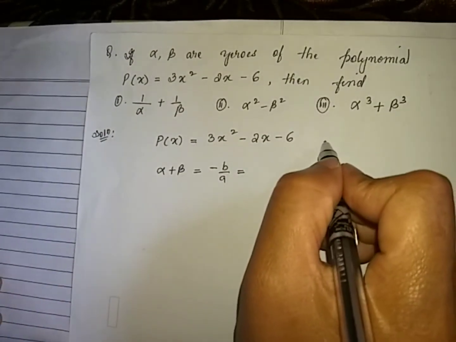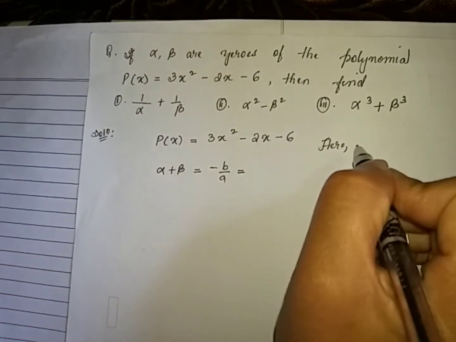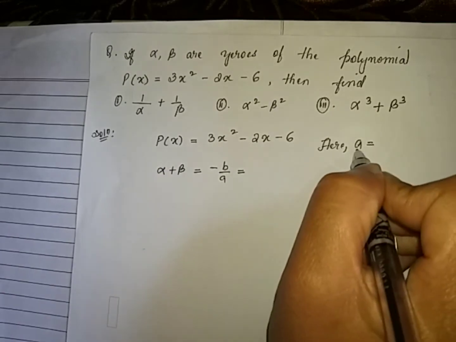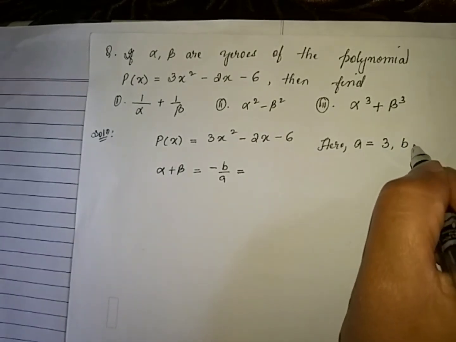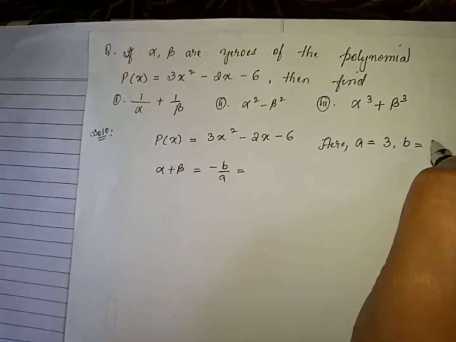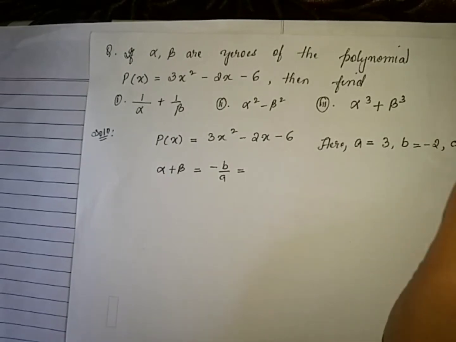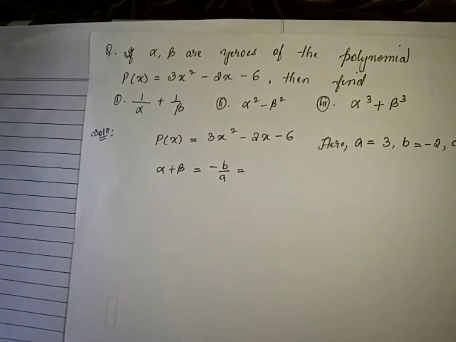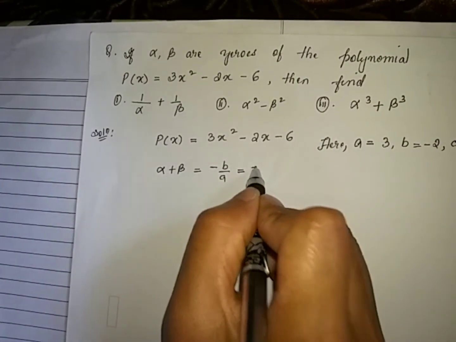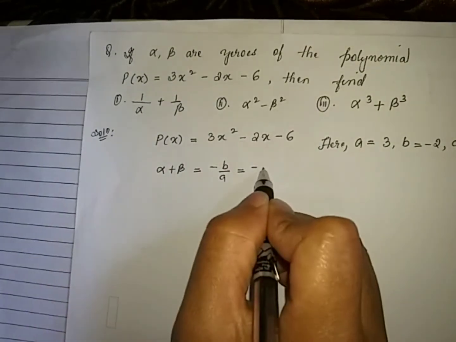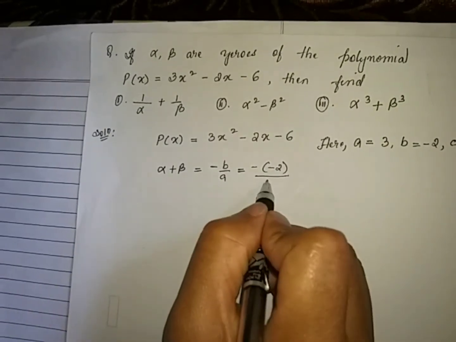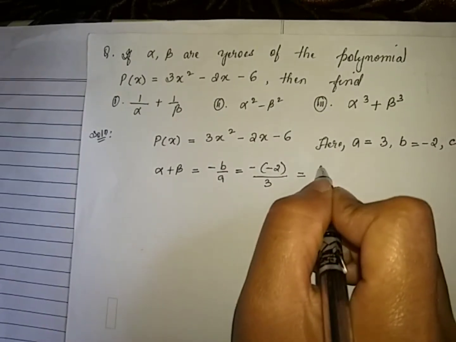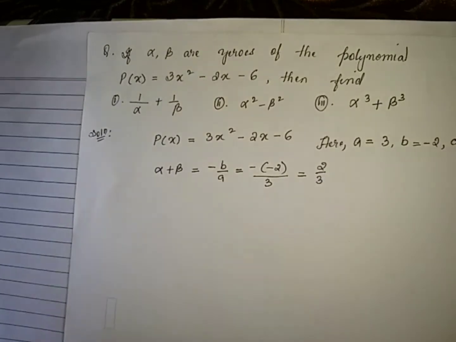Let me write on the side what we have: a is equal to 3, b is equal to minus 2, and the constant term c is equal to minus 6. So minus b, minus of minus 2, by a, which is 3, is equal to 2 by 3.